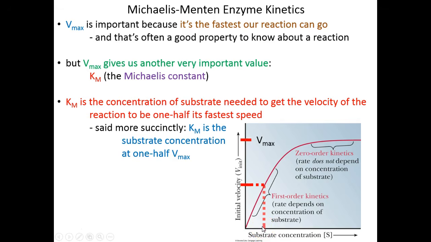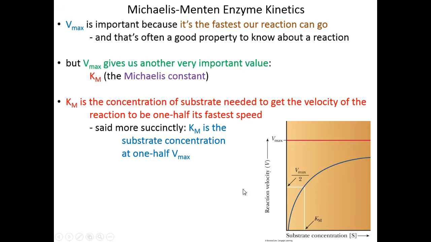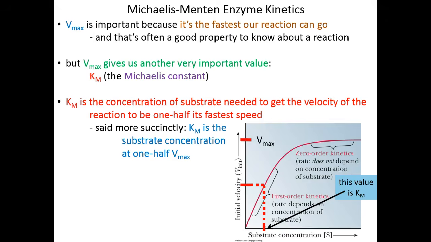So we have to drop a perpendicular line down, and wherever that line collides with the x-axis is our Km. That's our Km. It is the substrate concentration needed to achieve 1/2 our maximal velocity. This is shown in your textbook in this figure here as well.